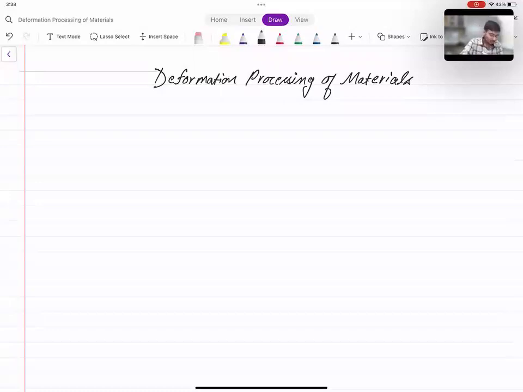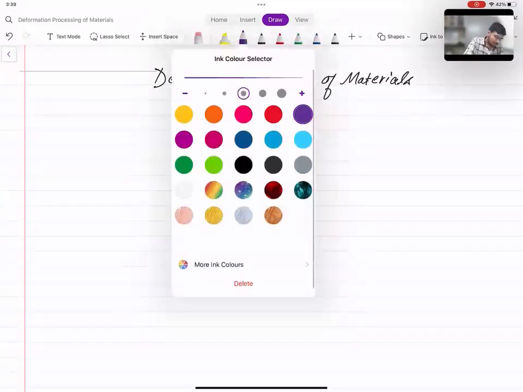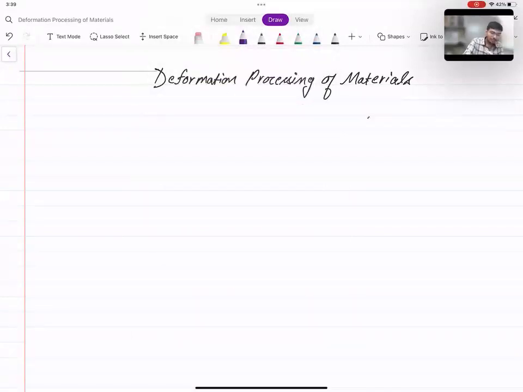So metals are basically very widely used due to their easy capability of being transformed into useful shapes such as rods, billets, blooms, and sheets, etc. So this transformation can be achieved in two different ways.